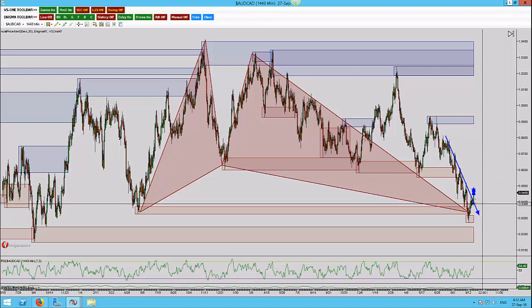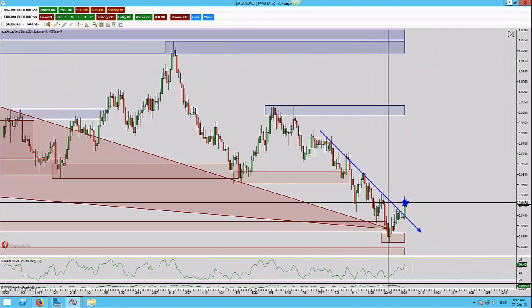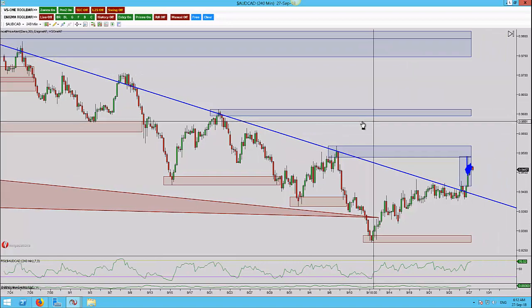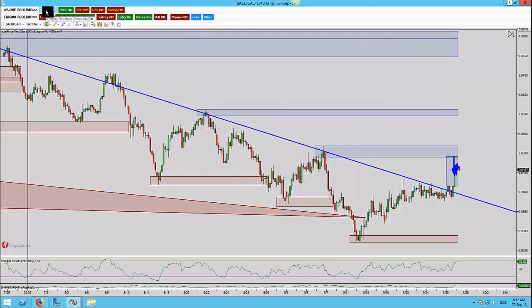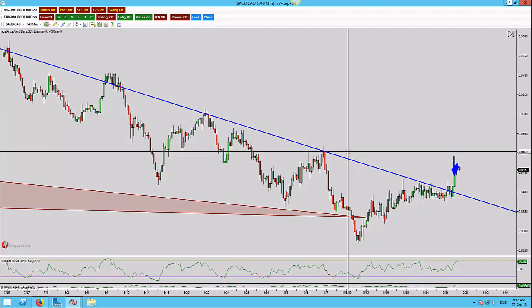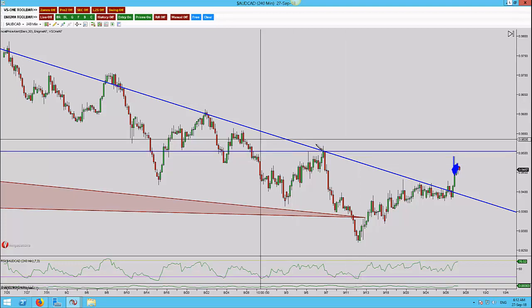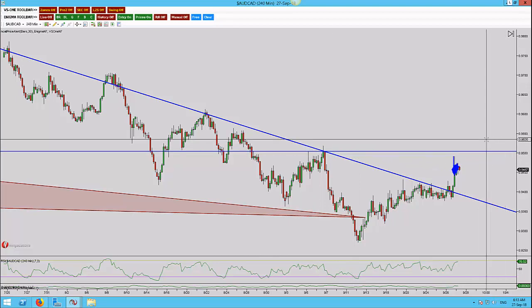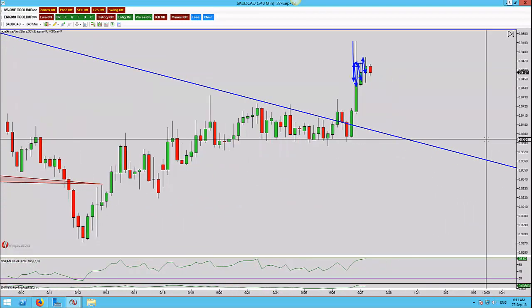And certainly since we've broken this trend line, I'm only really now looking at long opportunities. So if we drop down to the 240, you can actually see, if I remove these VS1 levels, that we're now coming up to this structure level just here, which just so happens to come in at a psychological number 9500.